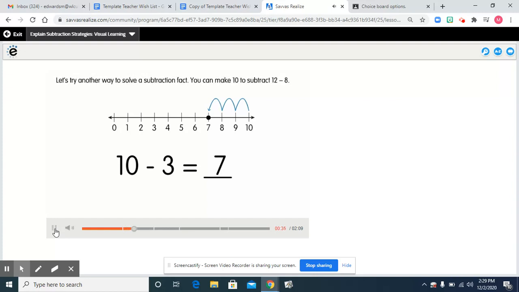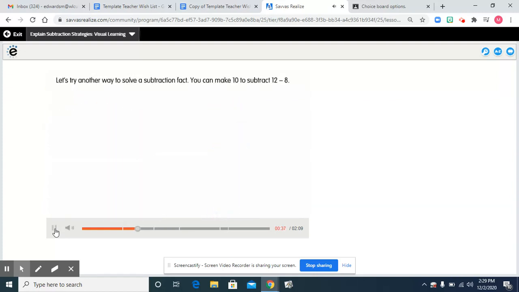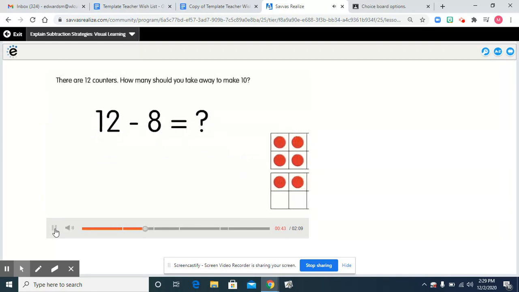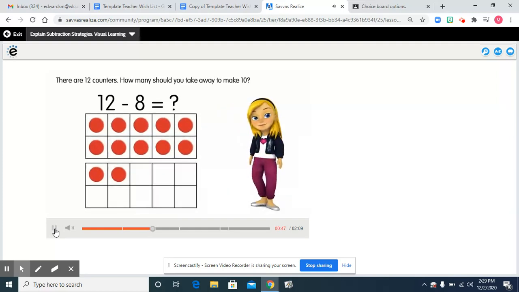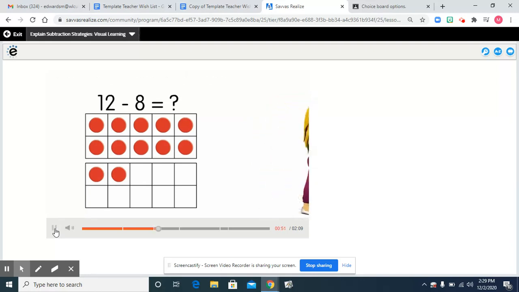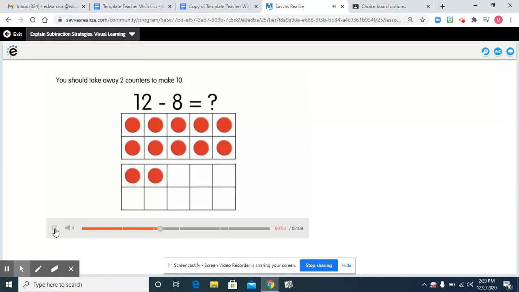Let's try another way to solve a subtraction fact. You can make 10 to subtract 12 minus 8. There are 12 counters. How many should you take away to make 10? You should take away 2 counters to make 10.